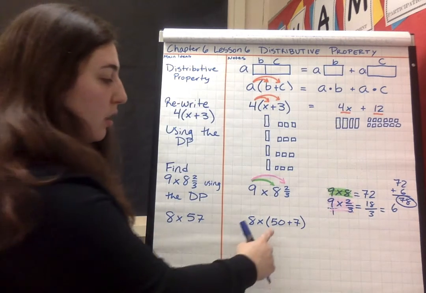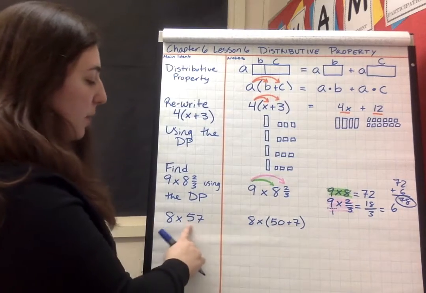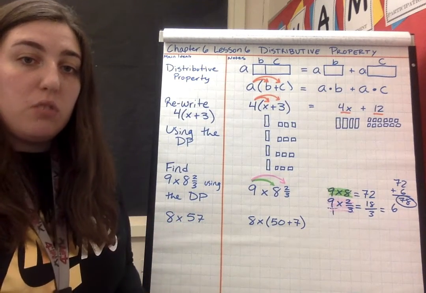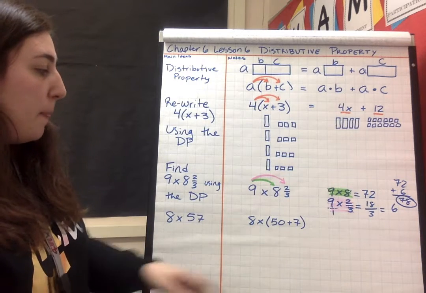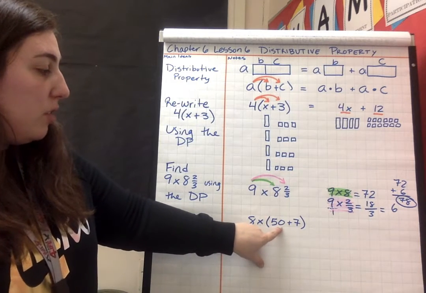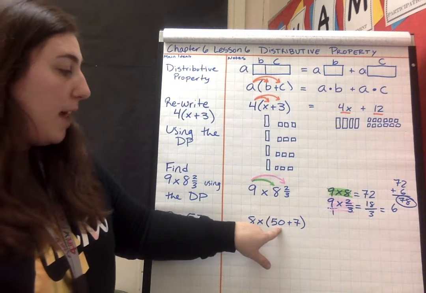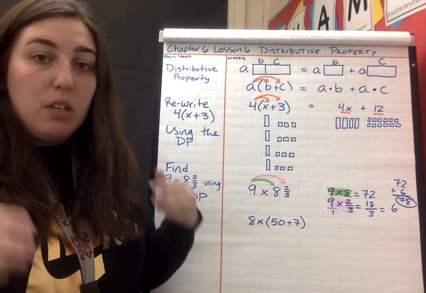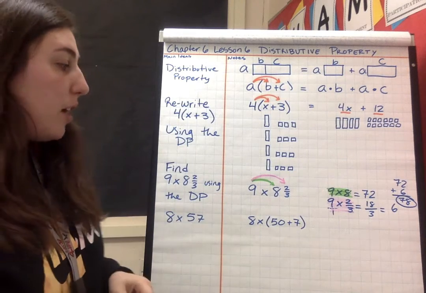I'm not changing this sum, so it's nothing different. I'm just breaking it apart so that we can use the distributive property. Okay, and I broke it into 50 and 7, so that way we have a nice number with a 0 to work with, and we can do some easy mental math, okay?